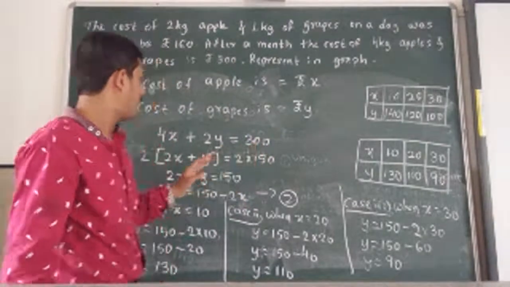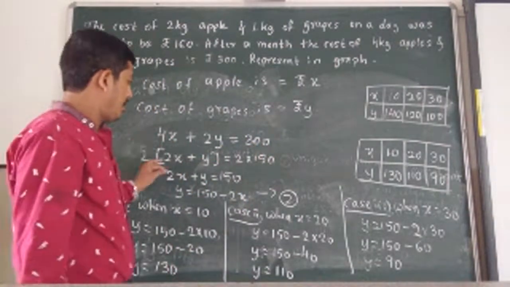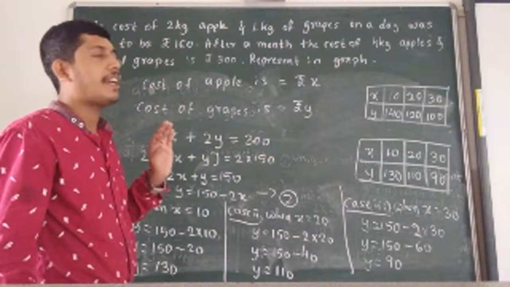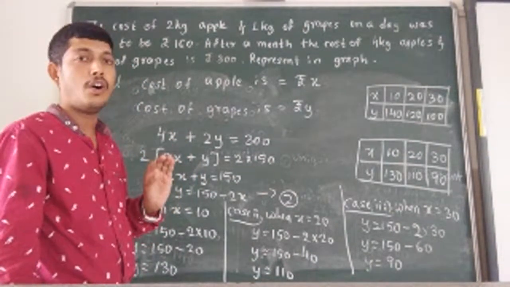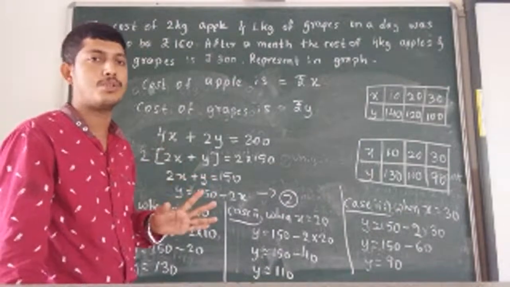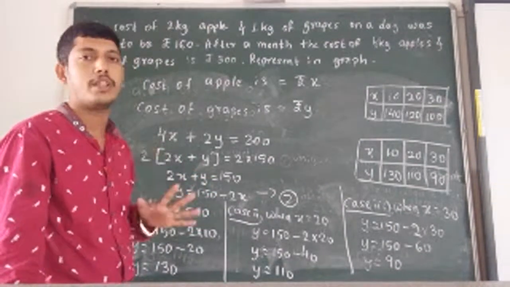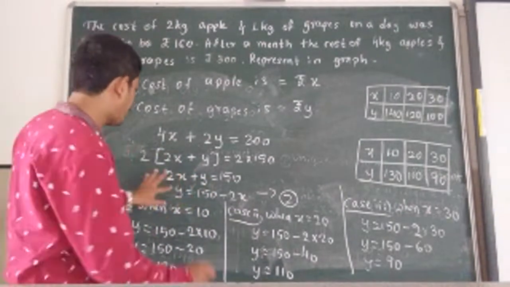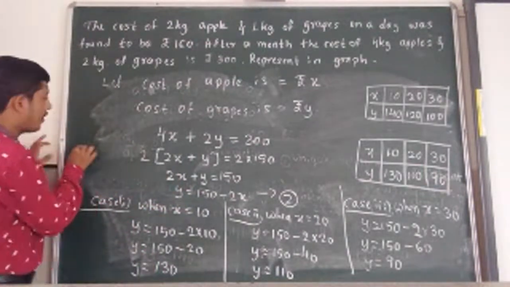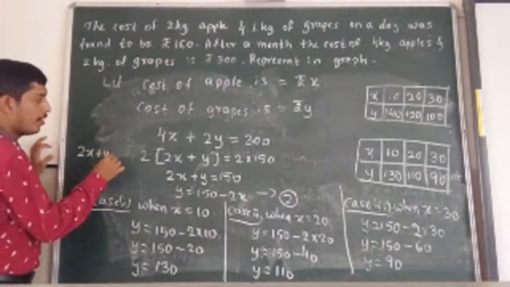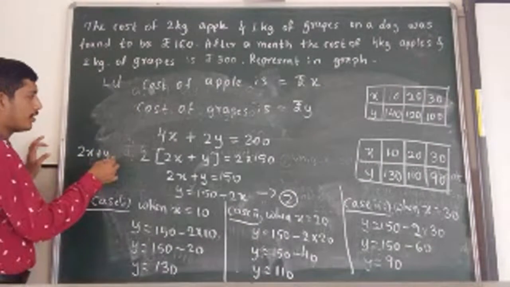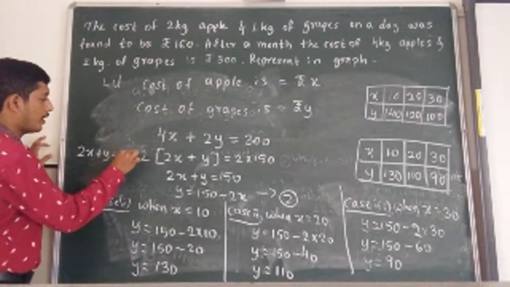Now tell me whether this expression gives a unique solution, or infinitely many solutions, or does not give any solution. The second equation is 2x plus y equals 150.